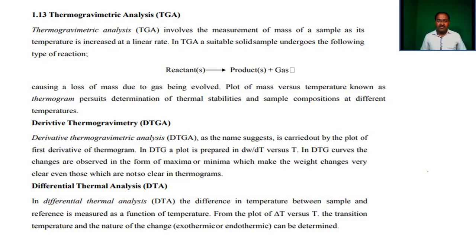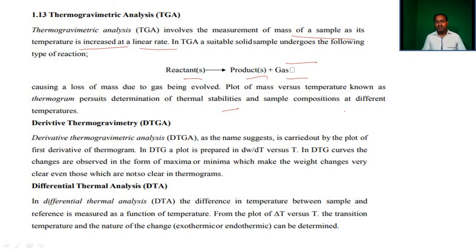In thermogravimetric analysis, as we already said, it involves the measurement of the mass of a sample as its temperature is increased at a linear rate. Here you see reactant, product, and some gases liberated.